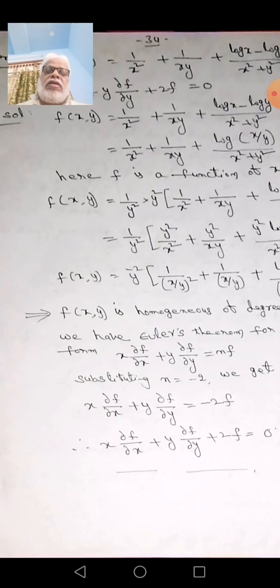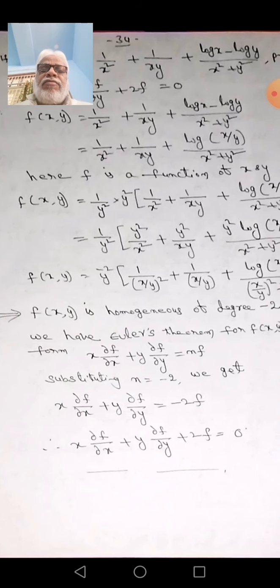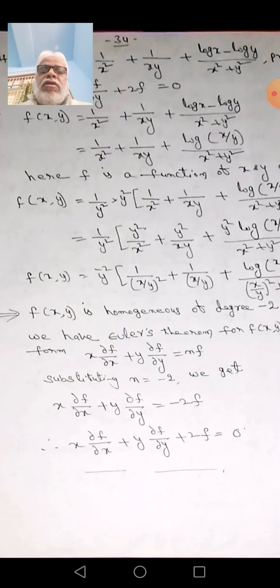Then we write the solution for this one. f(x,y) is equal to 1/y² into y².